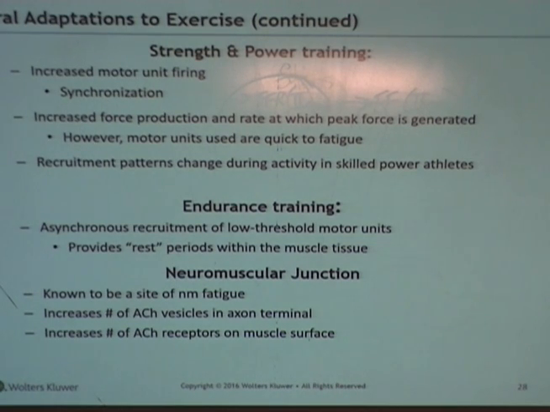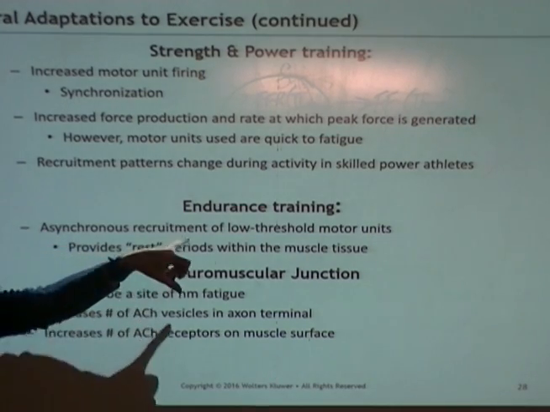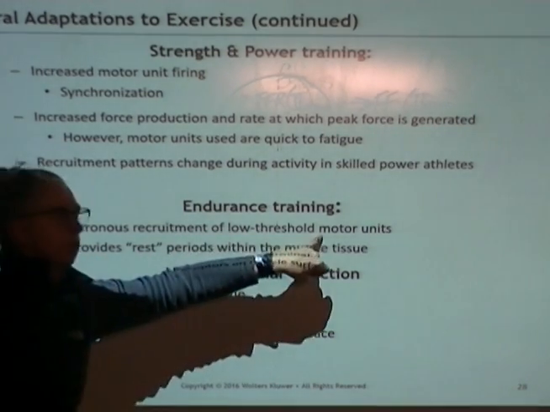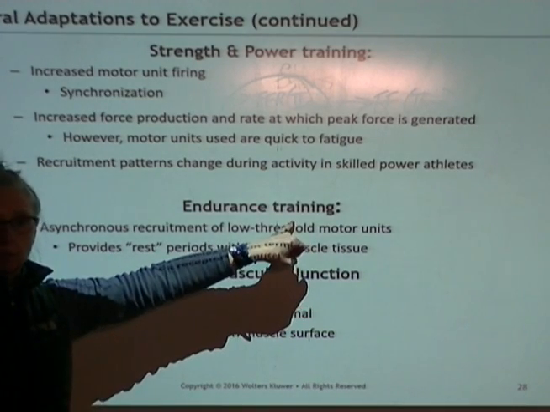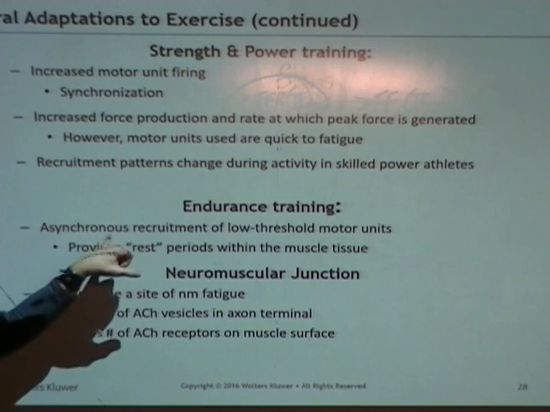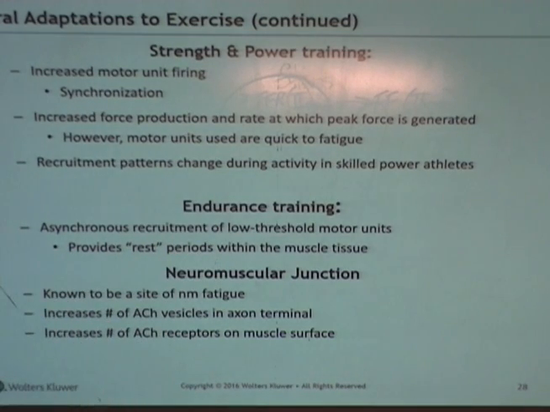Instead of synchronous motor unit contraction, we see a trend towards asynchronous motor unit firing. Right? So our low threshold motor units, remember, are going to be our S, our type 1 fibers, and we see asynchronous recruitment of those fibers.